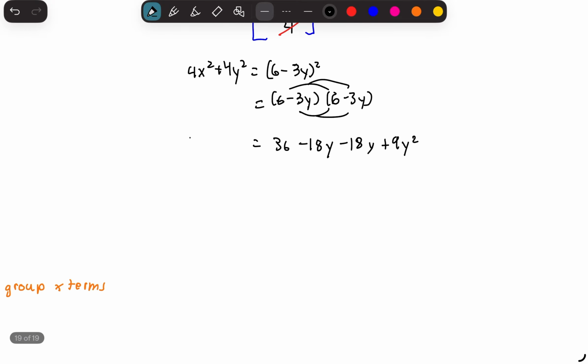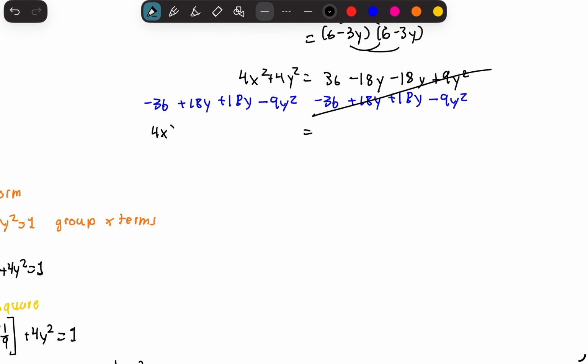After this, you want to move everything to one side. What you'll be left with is 0 here. So this is going to be 4x squared plus 4y squared minus 36 plus 36y minus 9y squared is equal to 0.